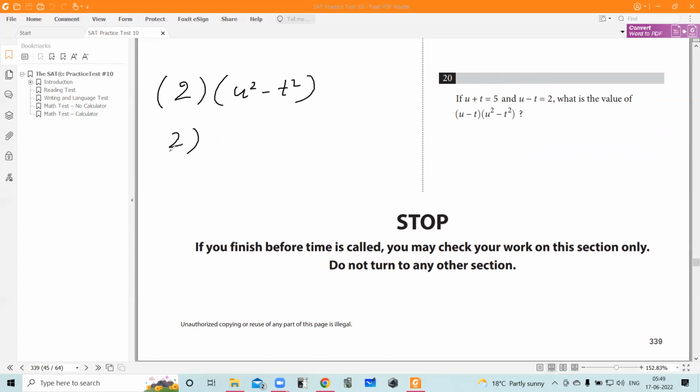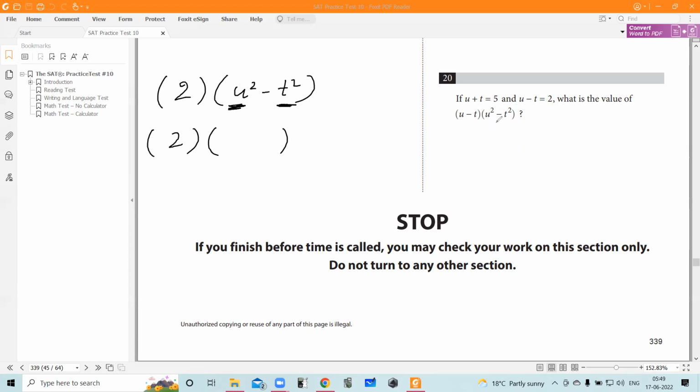But this will not be available for you on the SAT, so you have to remember this thing. A squared plus b squared minus 2ab. Is this in that form? Wasn't it u minus t whole squared? Why? It's u squared minus t squared, it's not u minus t whole squared.